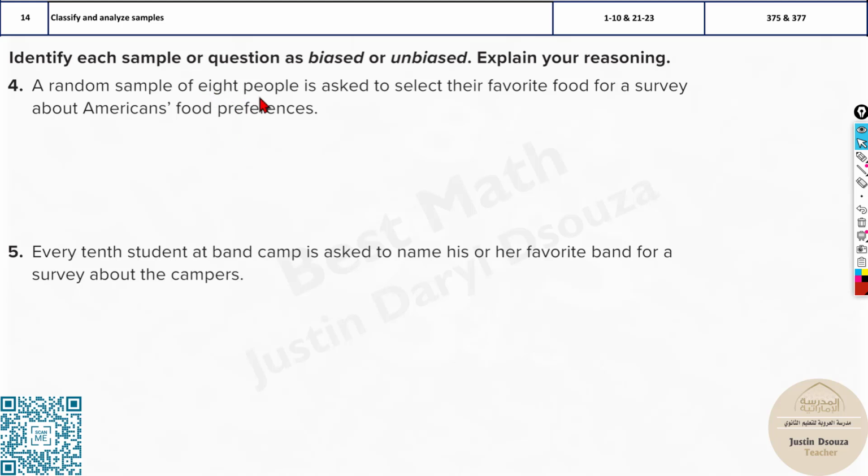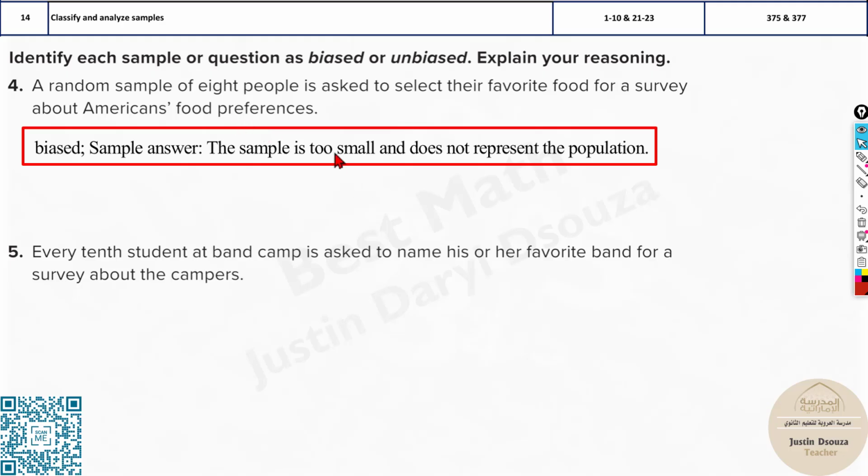So the 8 people will have similar likings or something. Maybe they are completely random as well in different places, but still they wouldn't represent the entire country. You can't just tell from 8 people this is America's food preference. There's no way this would be right because the sample size is so small. So this is biased because the sample size is too small, and it doesn't represent the population.